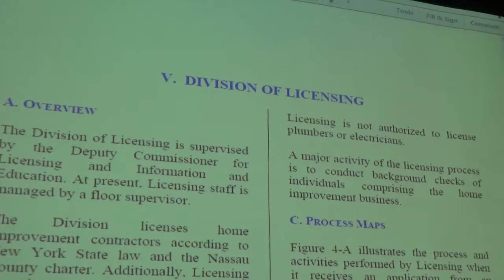We looked at how each program impacts different functions of the organization. So each division has an impact on the revenue side. Each division has an impact on the hearings that are performed. It also has impacts for external agencies such as the District Attorney's Office, the Attorney General's Office.